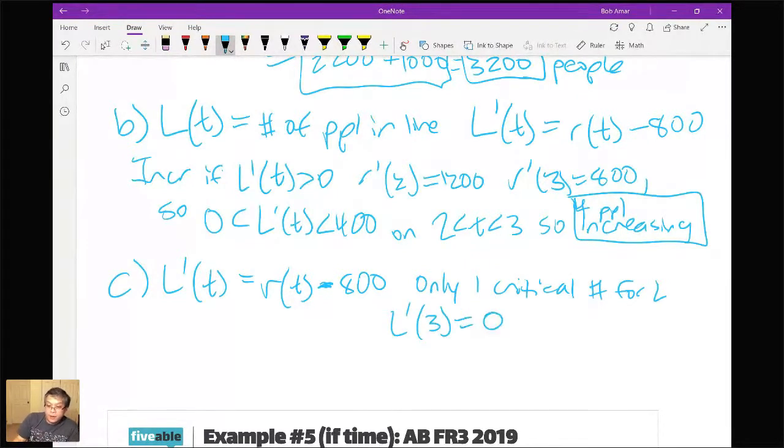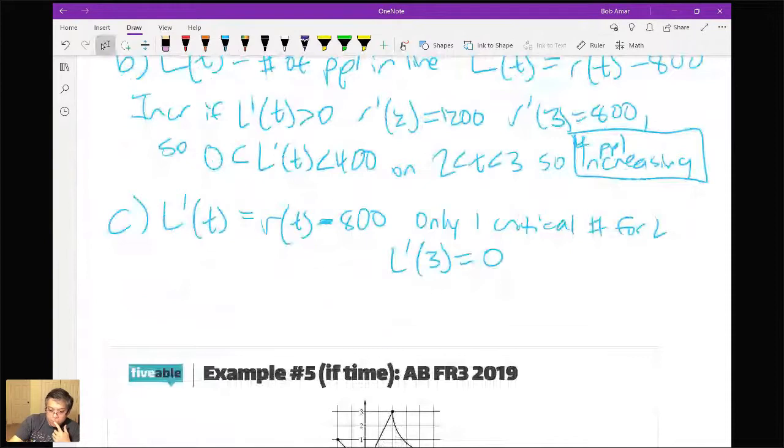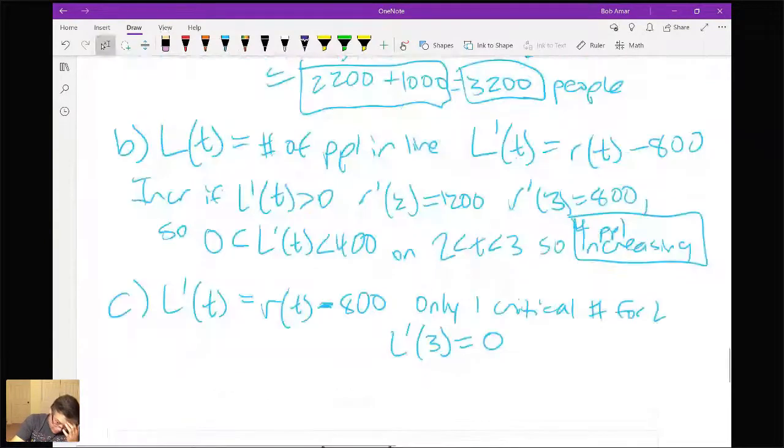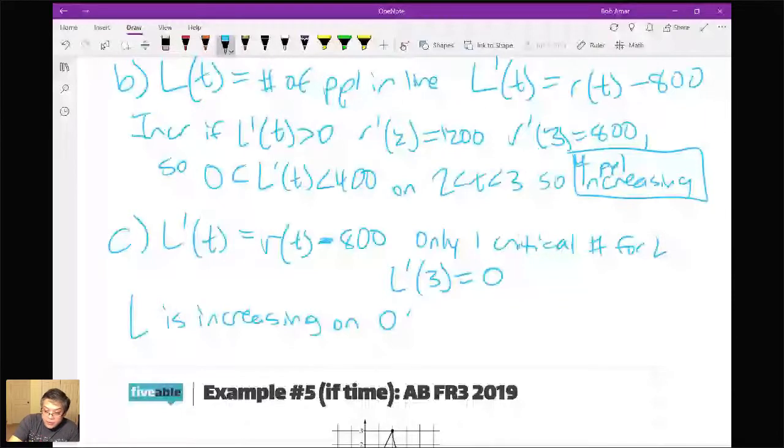So I could check the endpoints, but I happen to know that L is increasing on 0 to 3 and decreasing on 3 to 8.